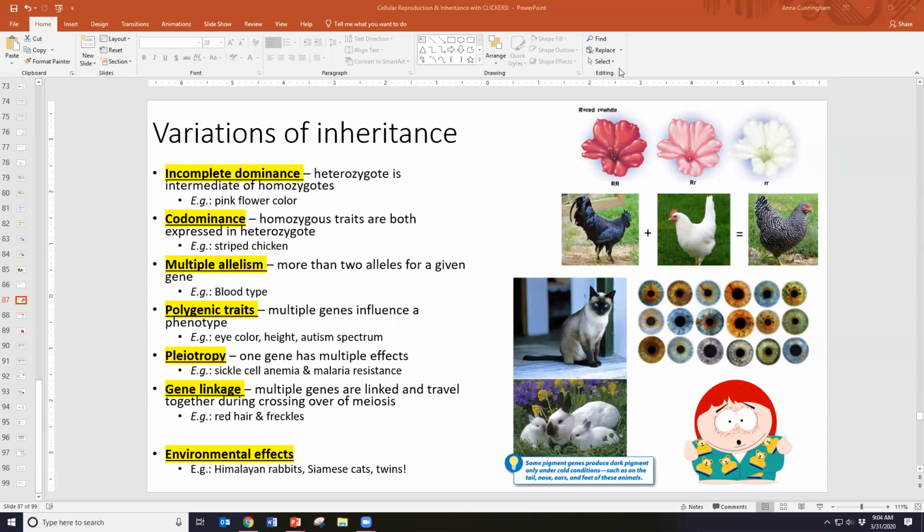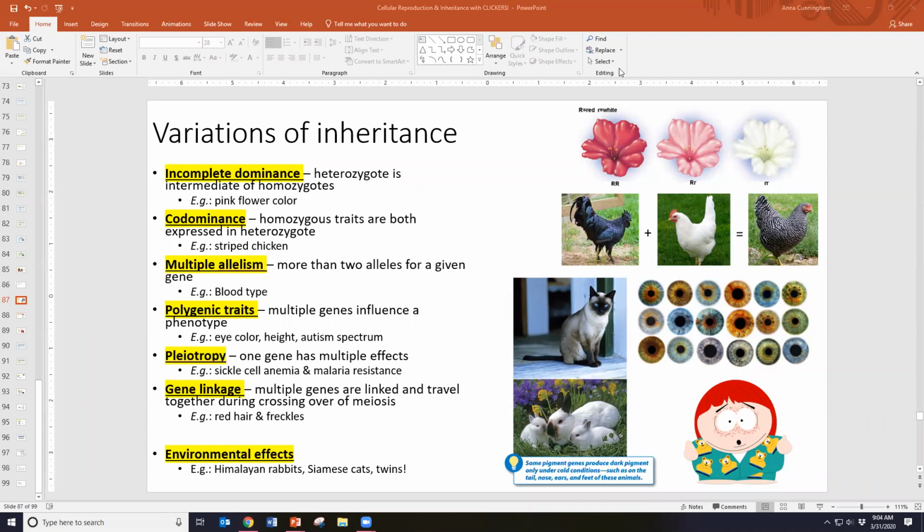Multiple allelism, we're going to expand on that today when we talk about blood typing. Multiple allelism is when there are more than two alleles for a certain gene. We talked about this in the context of blood type, which we're going to expand upon in a minute.